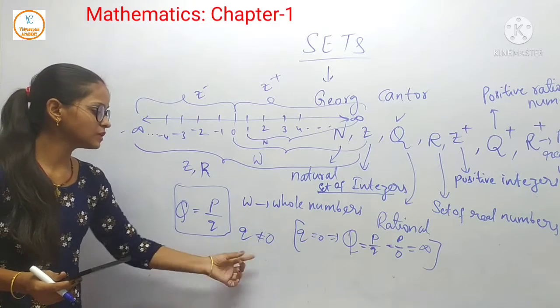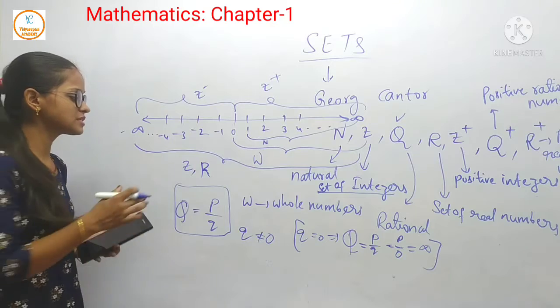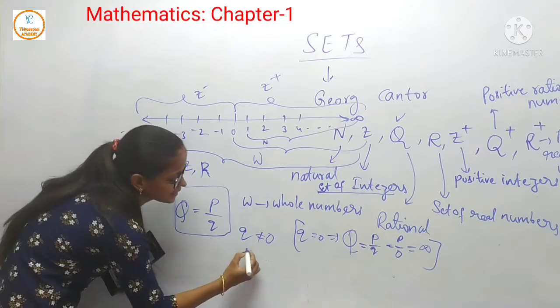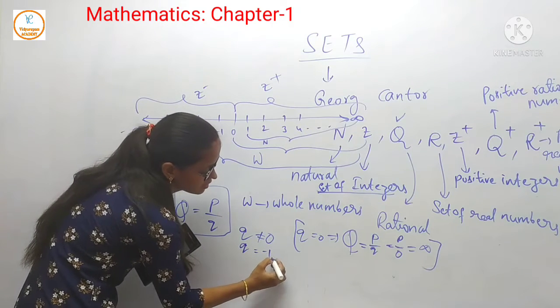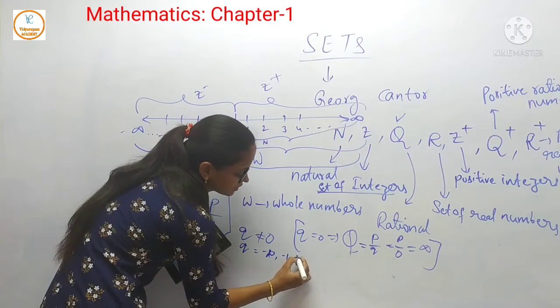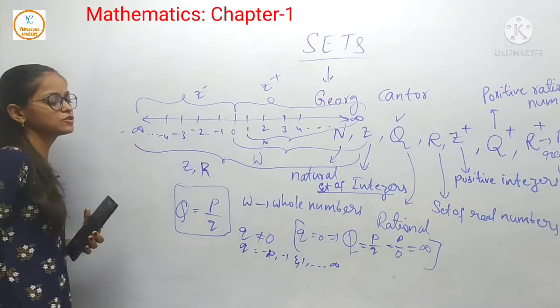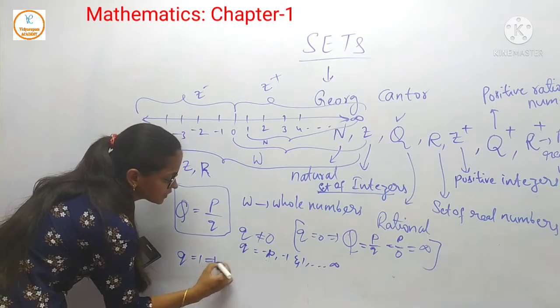For that purpose, Q is not equal to 0. This is called rational numbers, and we can take values from minus infinity to minus 1 and 1 to infinity. What if Q is equal to 1? If Q is equal to 1, then what will happen?